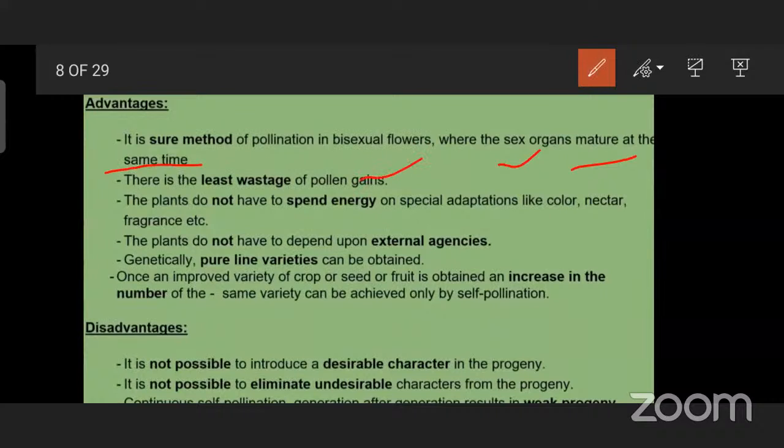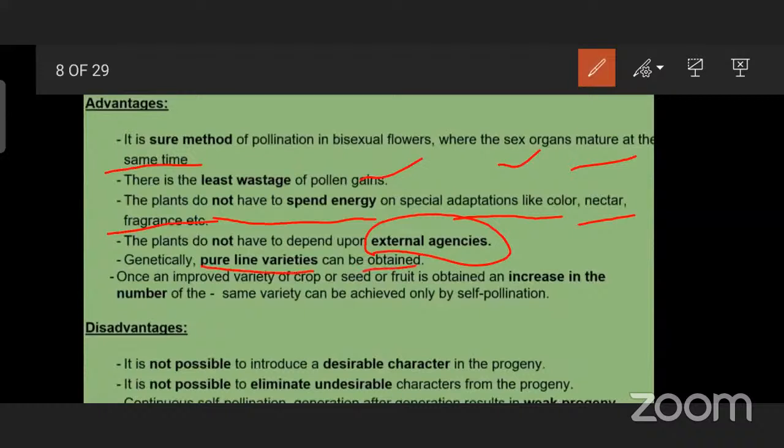Next, plants do not have to spend energy on special adaptations like color, nectar and fragrance. Plants do not have to depend upon external agencies. Genetically pure line varieties can be obtained.